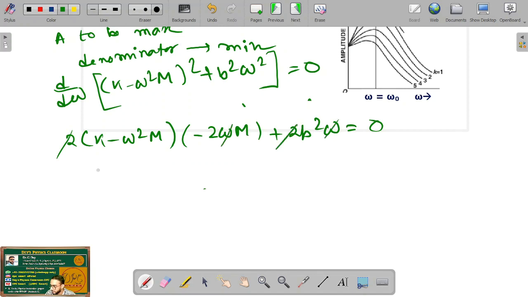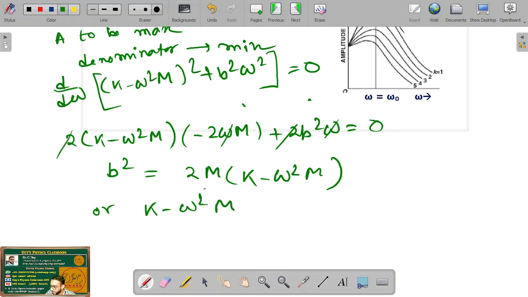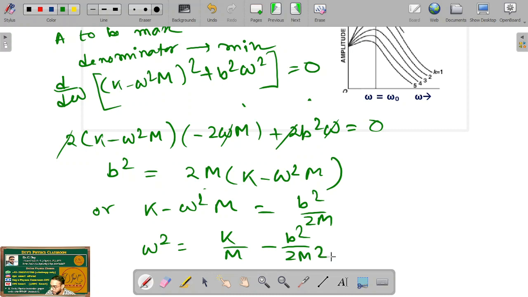We get b square equals 2m(k minus omega square m), or k minus omega square m equals b square by 2m, or omega square equals k by m minus b square by 2m square.